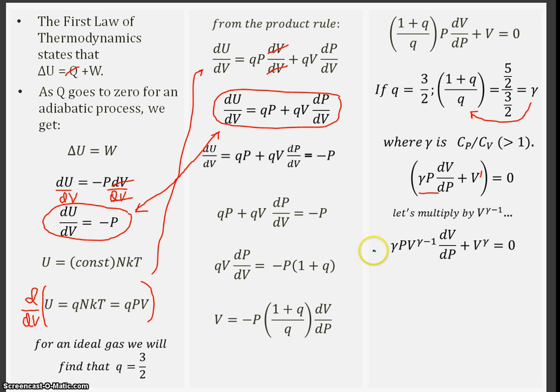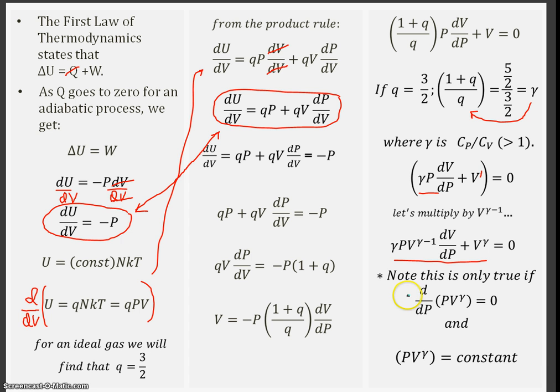It turns out that this thing here is true if this is true. The solution to that differential equation is d dp of P times V to the gamma equals 0.